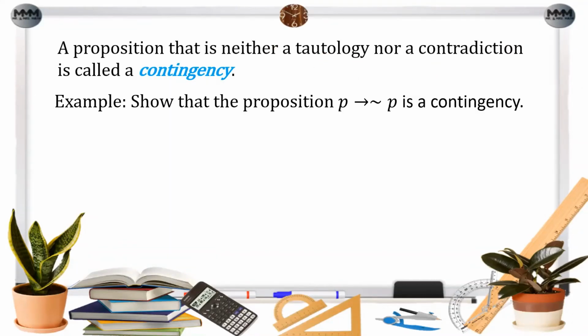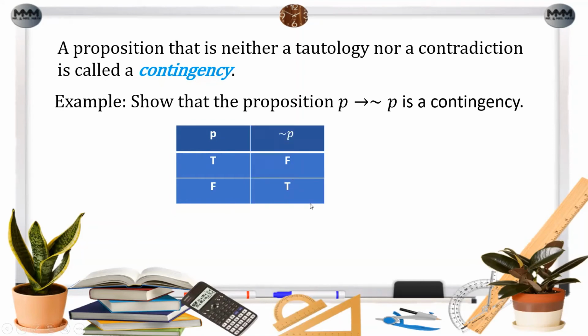So, for example, show that the proposition P implies not P is a contingency. So consider the proposition P with its corresponding truth values, true or false. And then for not P, we have this one.